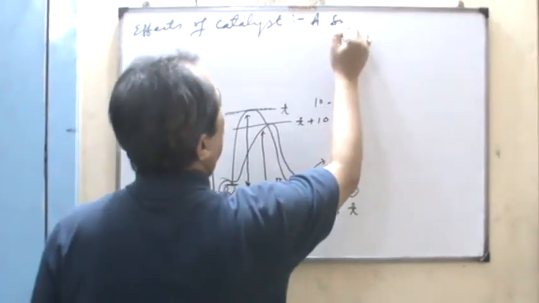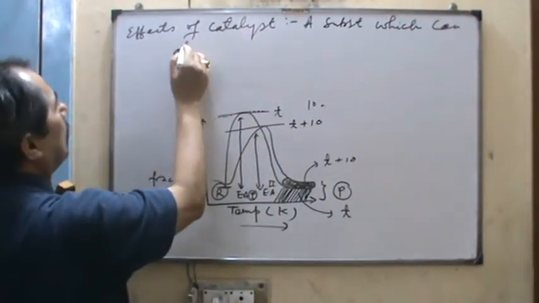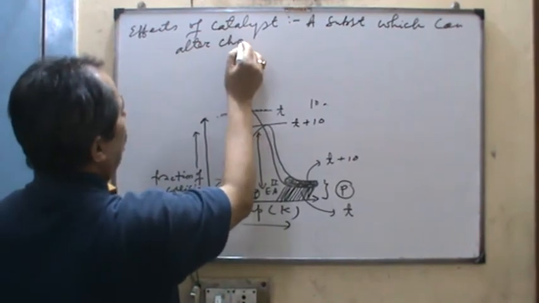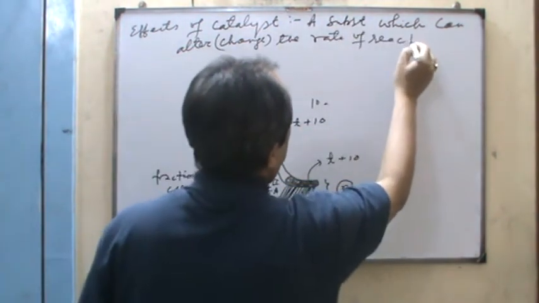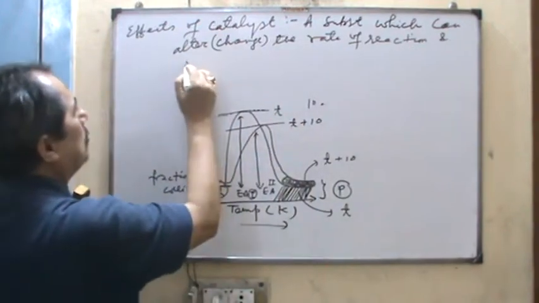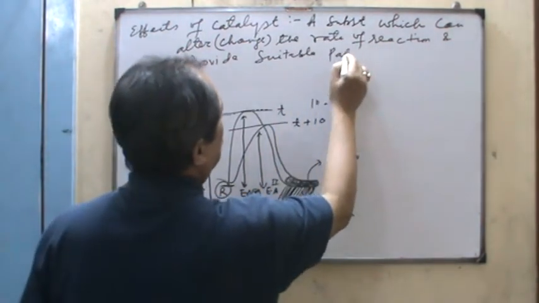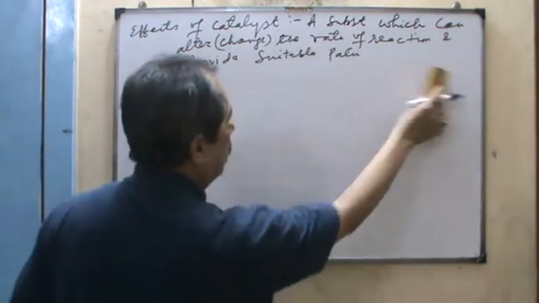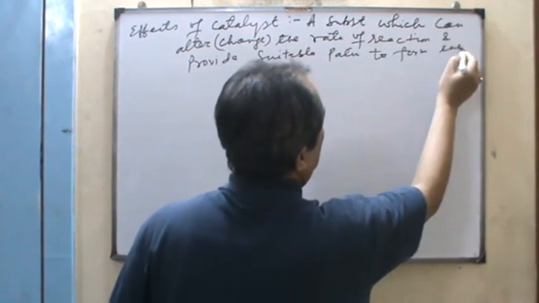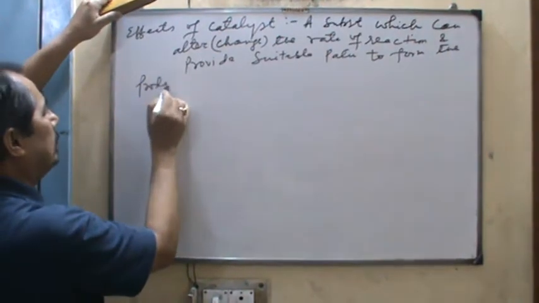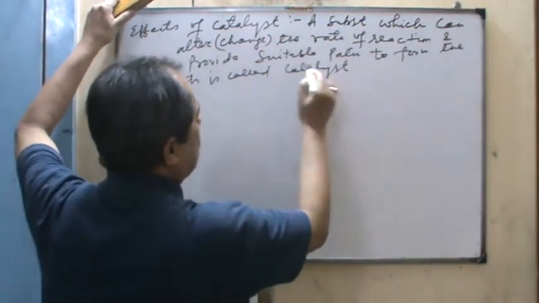So, a substance which can alter and change the rate of reaction and provide a suitable path to form the products is called catalyst.